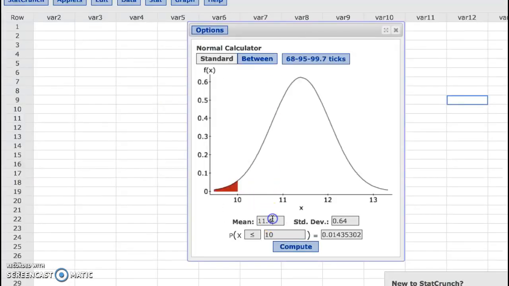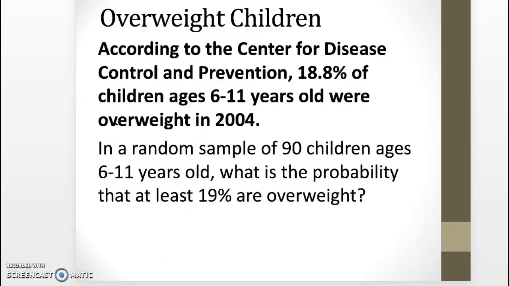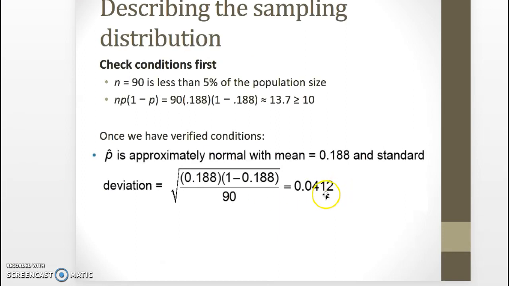And what I want to do first is modify my normal curve so that I have the information from our problem. Let's just double check that I got everything in there correctly. Okay, so we have 0.188 and 0.0412.